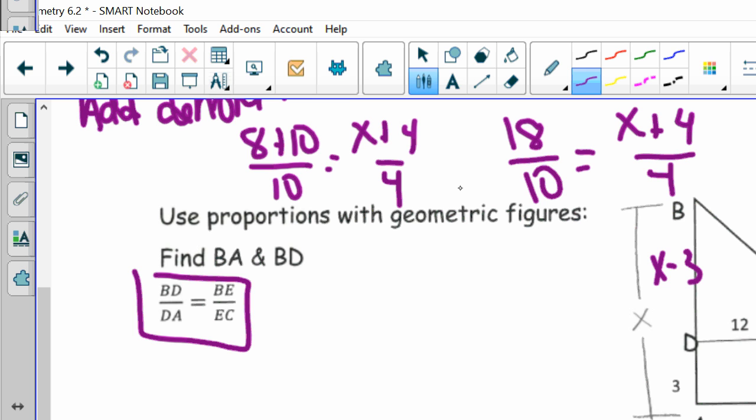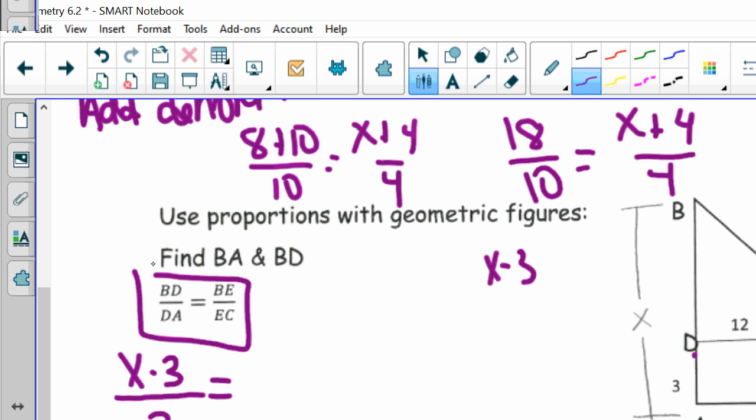Now I have an expression for BD that I can put in this ratio. So BD is x minus 3, over DA, D to A is 3, equals BE, so BE is 18, over EC, EC is 6.